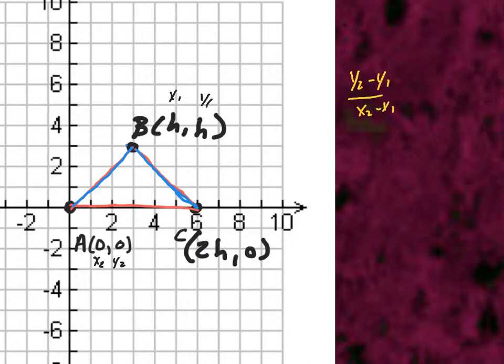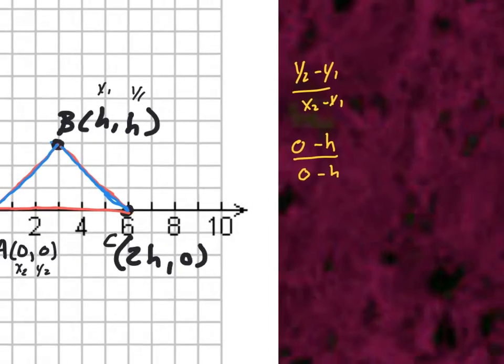So we've got y2 is 0 minus y1 is h, divided by x2 minus x1. So we've got 0 minus h over 0 minus h.